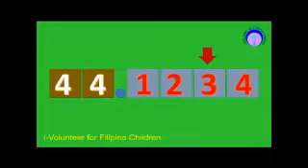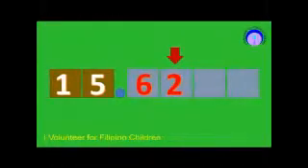44 and 1,234 ten thousandths. Digit 3 is in the thousandths place. Next number is 15 and 62 hundredths. Digit 2 is in the hundredths place.